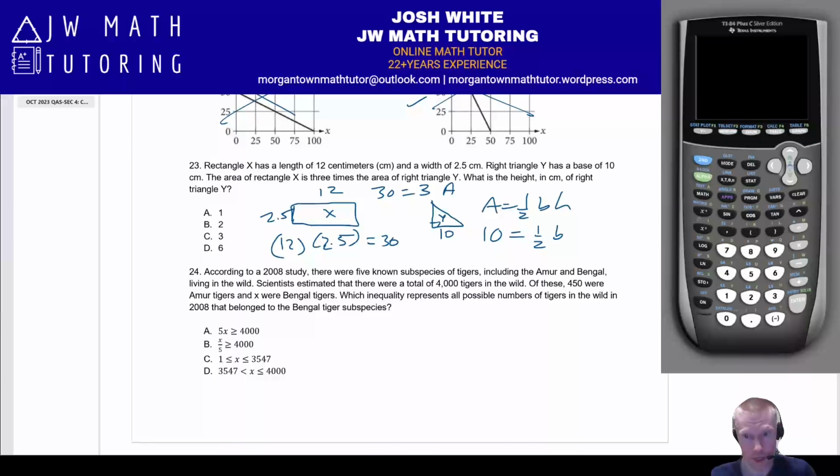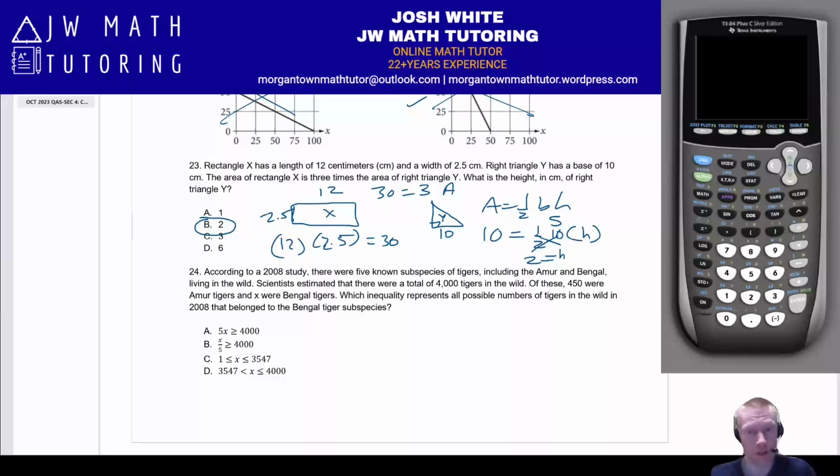The base we do know, it's the height that we don't know. The base we know is 10. So if you just plug this in now, 1/2 times 10 is just 5. So what does the height have to be in order to make the overall area 10? Well, height just has to equal 2. Divide both sides by 5 and you get h equals 2. So the correct answer is letter B.